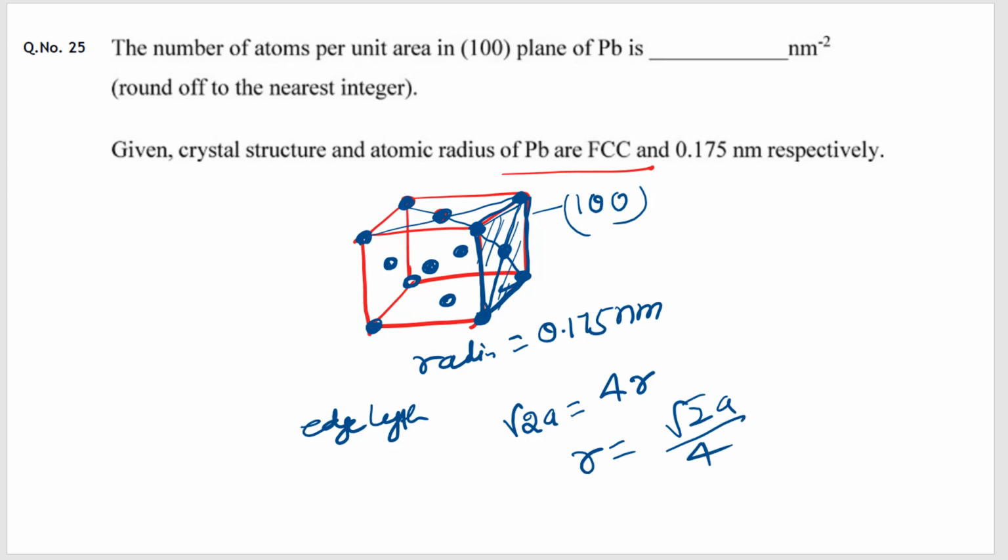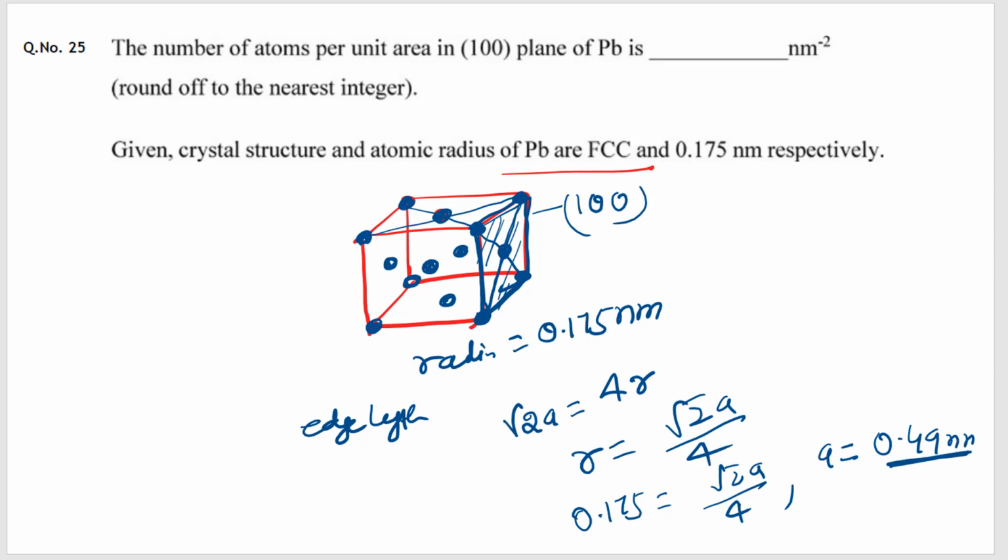So here we'll put radius, that is 0.175, and we will calculate A. Okay, so A we will get as, I have calculated this one, 0.49 nanometer.